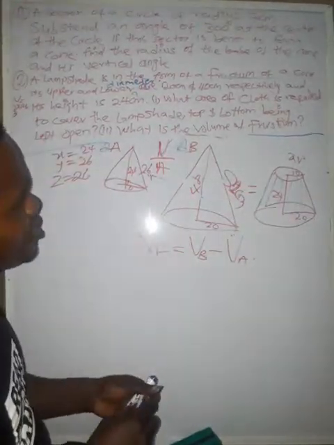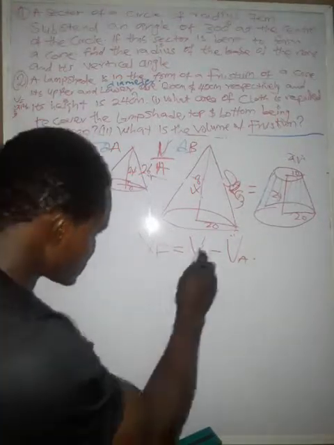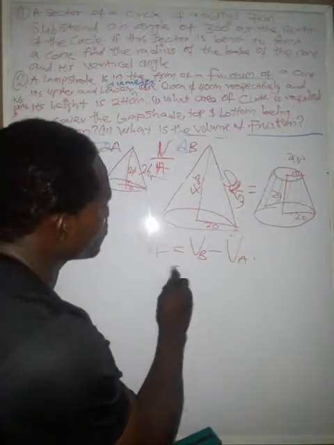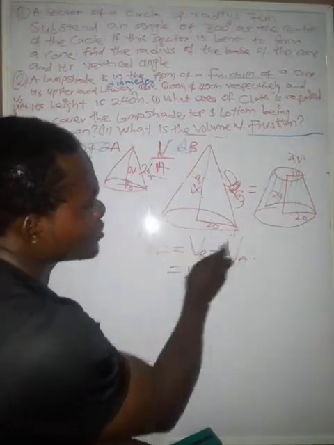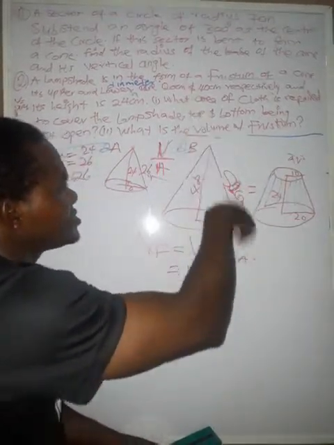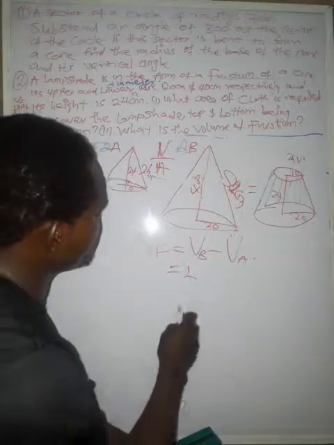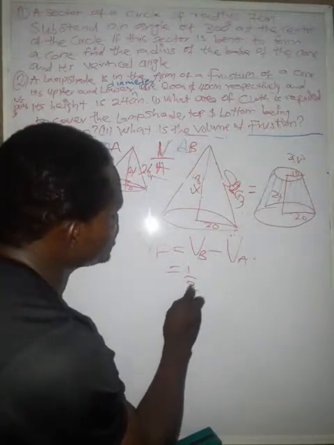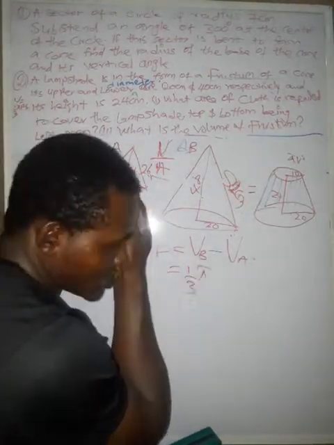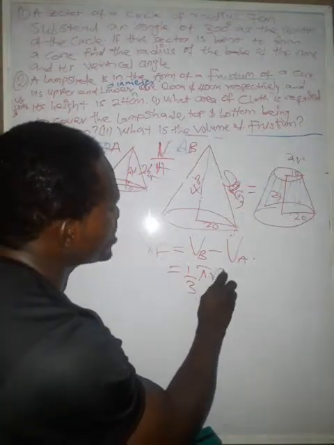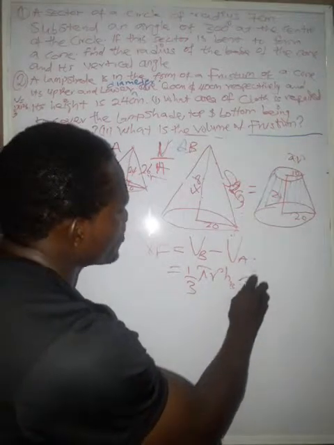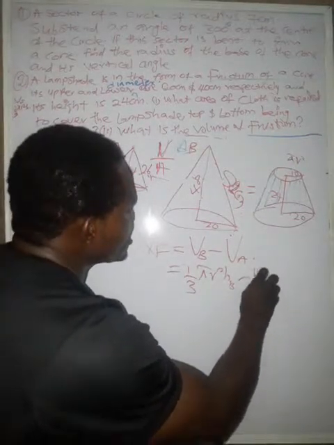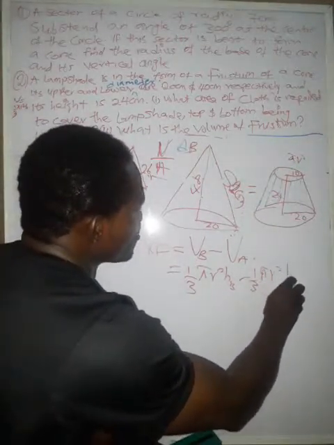That is just the logic. Now, what is the formula for a cone? I've already told you: 1 over 3, the area of this plate pi r squared, times the height. So we have 1 over 3 pi r squared h of B, then minus 1 over 3 pi r squared h of A.